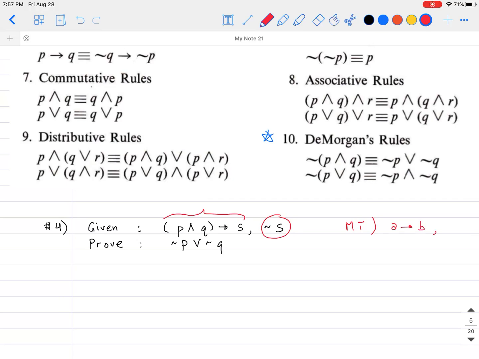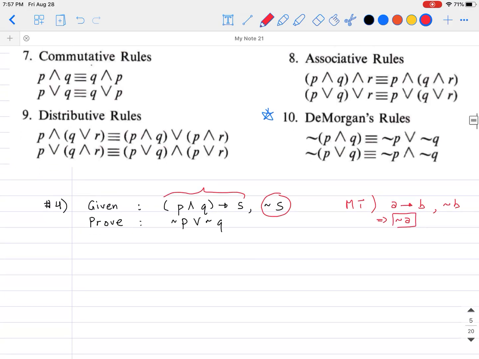It says that A implies B, and you also know negation of B. So the conclusion is the negation of A. So here, if I look at this as a little flow chart, if I take the first given, P and Q implies S, and combine it with the negation of S, then using modus tollens, that would give me the negation of, in parentheses, P and Q, because it's the negation of the if statement, according to MT.